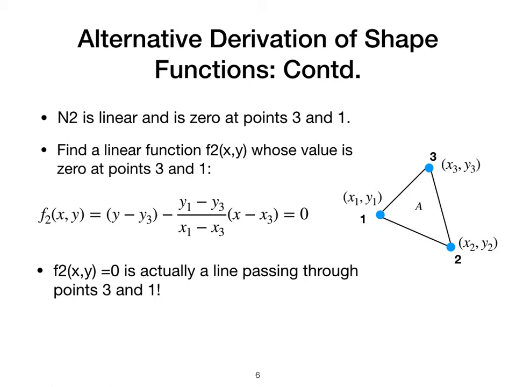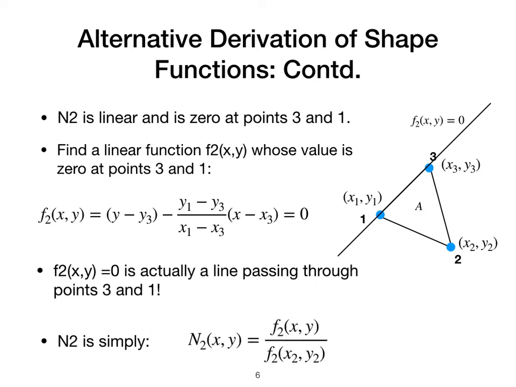And again f2 equal to 0 is a line passing through points 3 and 1, and N2 is simply given by f2(x,y) divided by f2 at point x2, y2, so that N2 is equal to 1 at point 2.